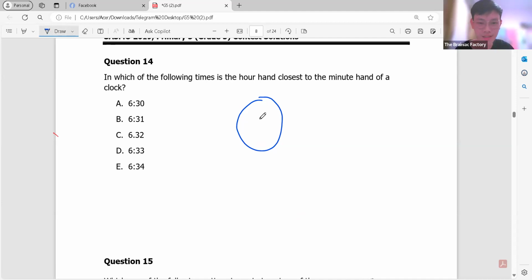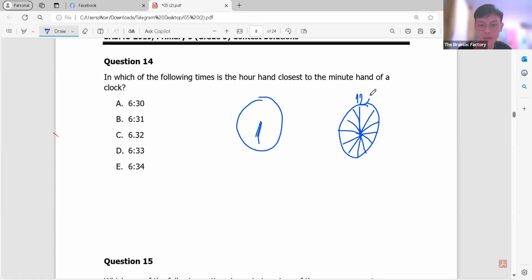Okay, so let's assume that this is the hour hand and this is the minute hand. It could be anywhere. And we need to find the closest. To mention that, we're having a clock like this. Sorry for my drawing, I'm not good at it. Just to let you all understand.